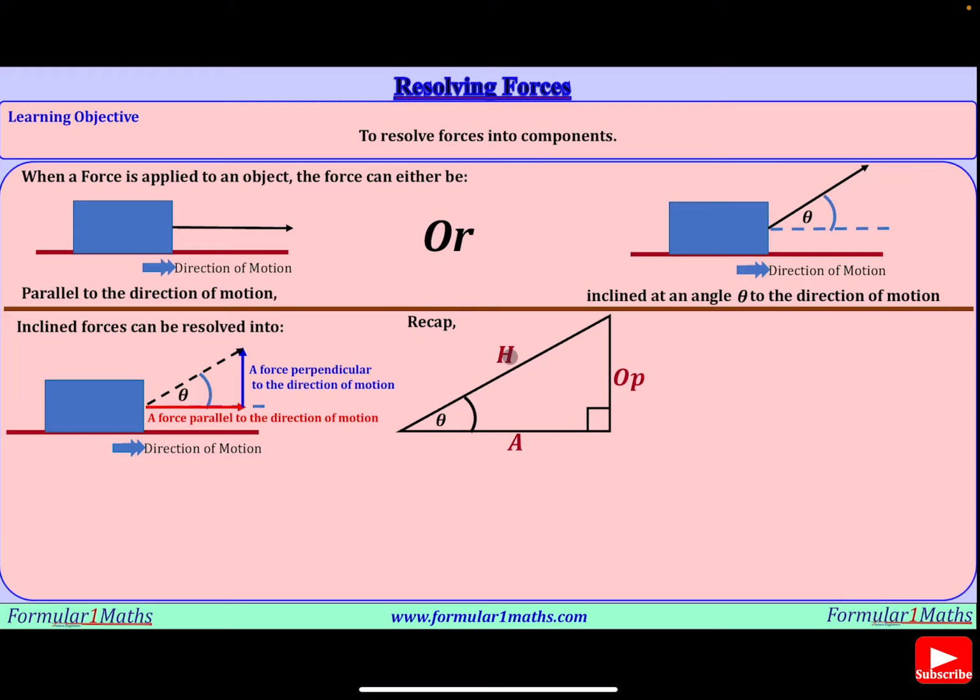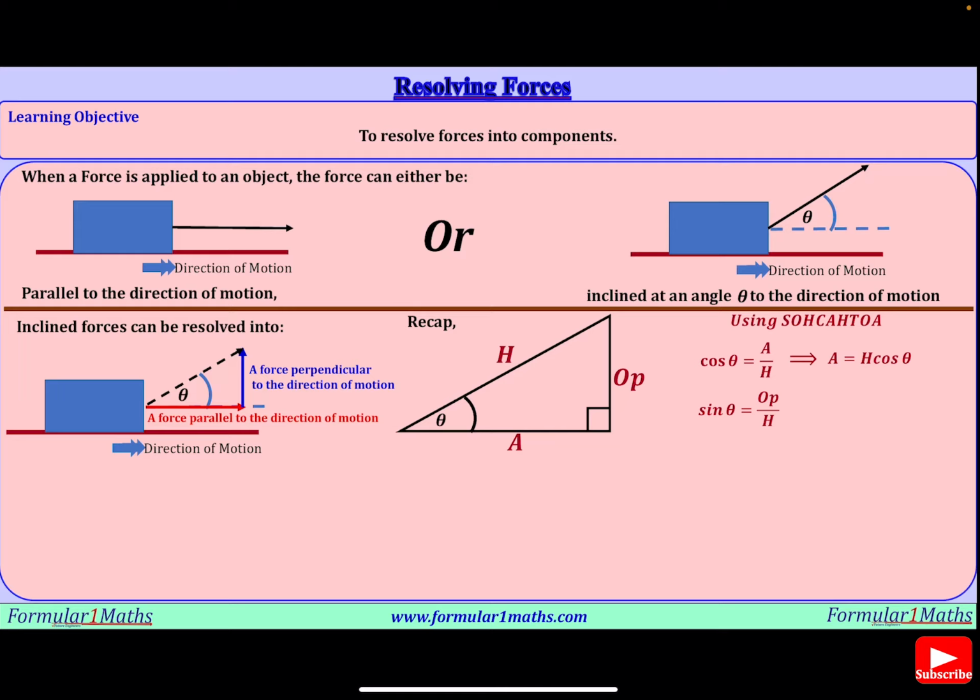Using SOHCAHTOA, we know that cos theta is equal to adjacent over hypotenuse, which implies that adjacent is equal to h cos theta.